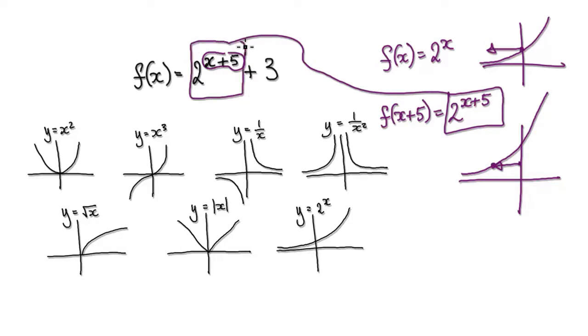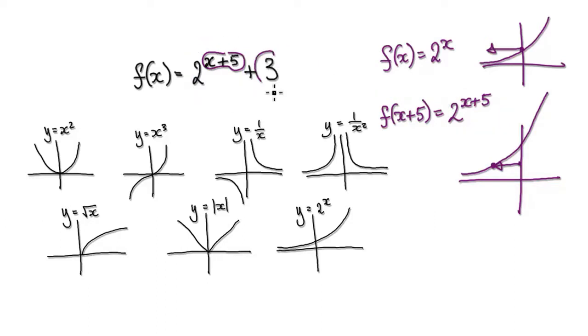This thing here. We still need to move everything up by 3. So our next transformation should be the previous graph, and then you add 3 in order to obtain this 3 here.